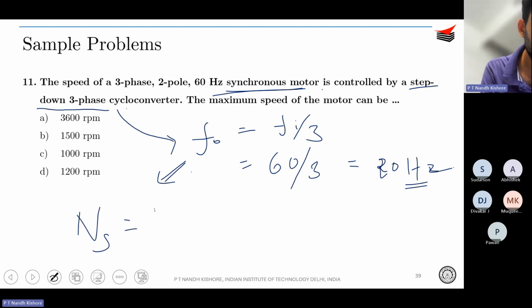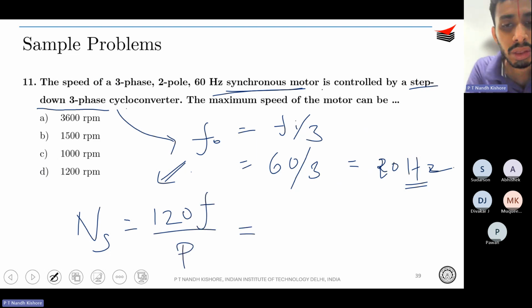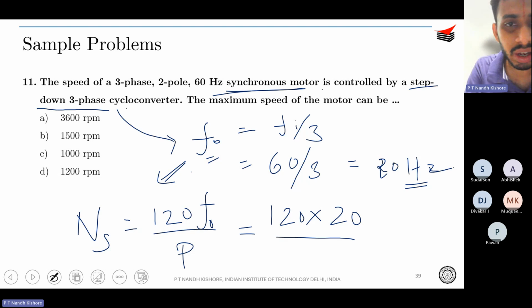NS in RPM is going to be 120 F over P, where P is the number of poles, right? So over here it is F naught over P. Why? It is being controlled by the cycloconverter. It's a three-phase step-down cycloconverter. So it's going to be 120 into 20 hertz divided by 2, it's a two-pole machine, right?